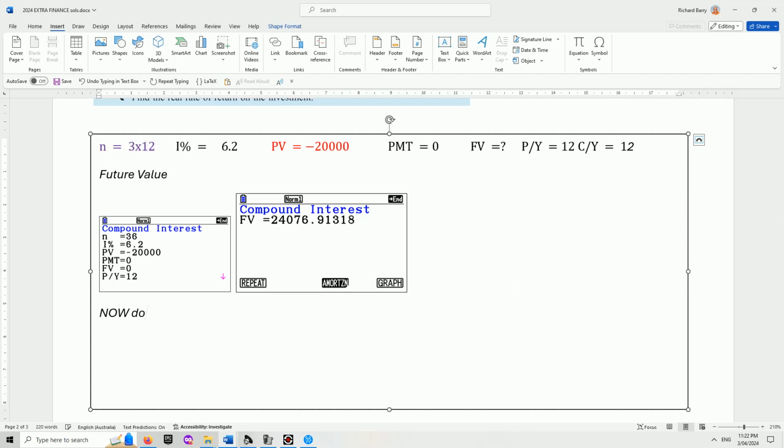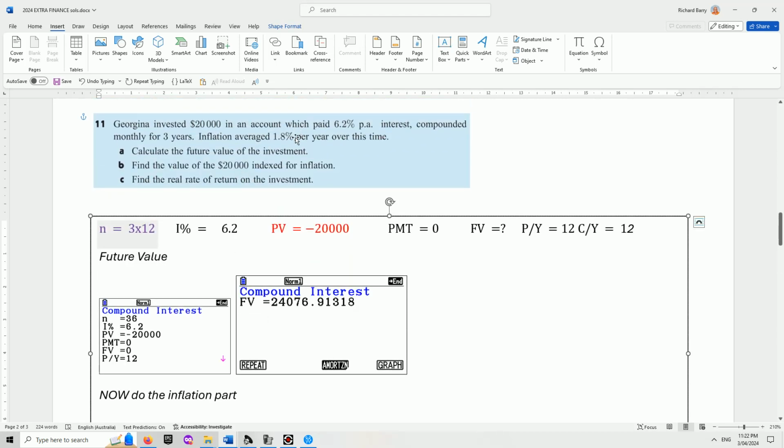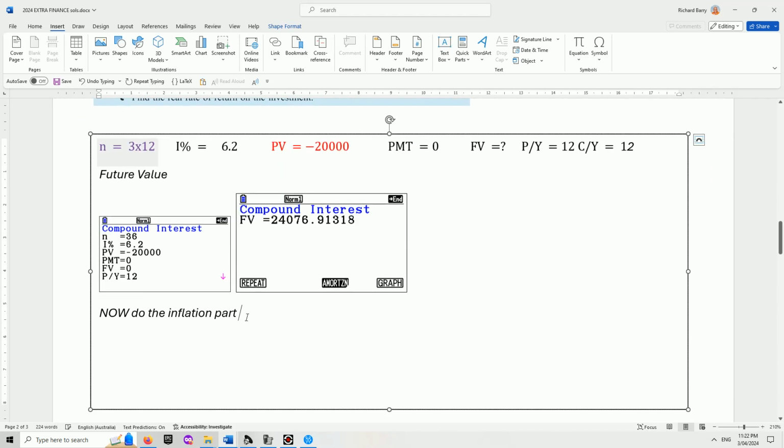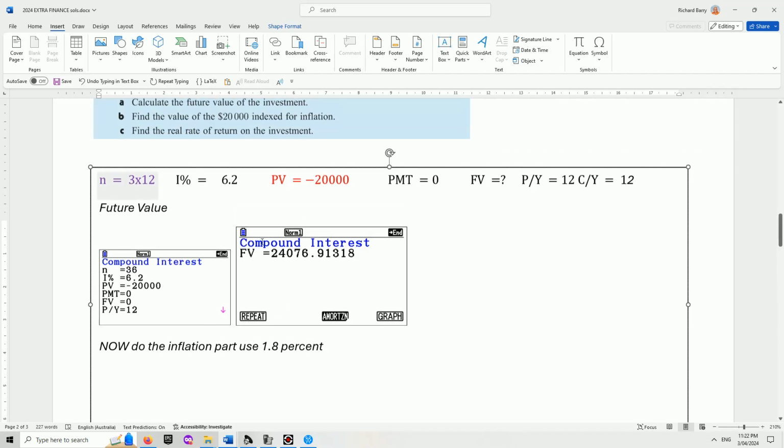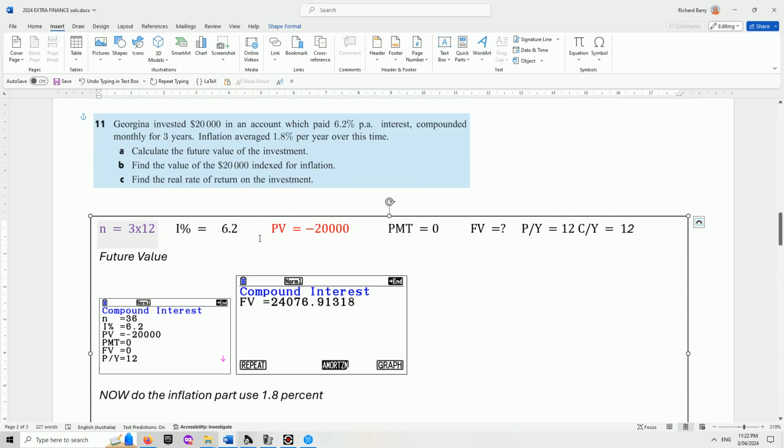Now, do the inflation part. If I have $20,000 and it grows for inflation, where's inflation here? 1.8%. The easiest is to do it for 3 years.